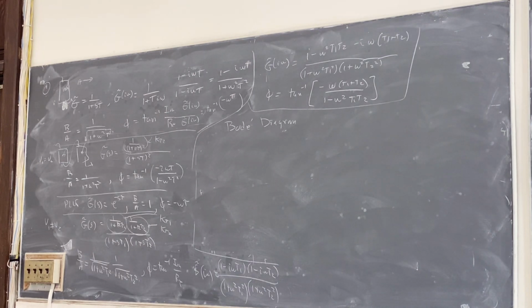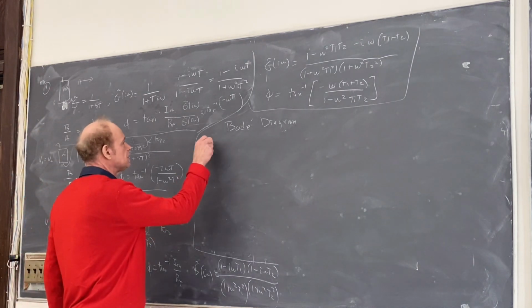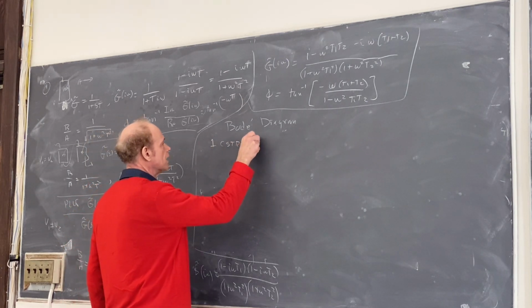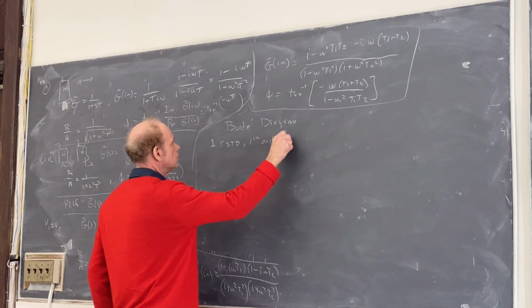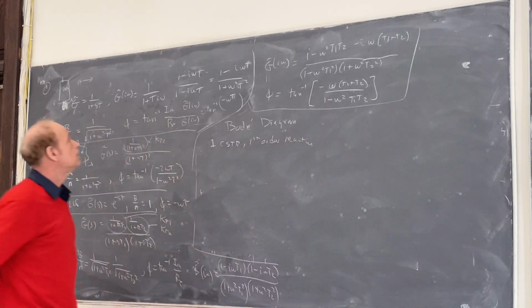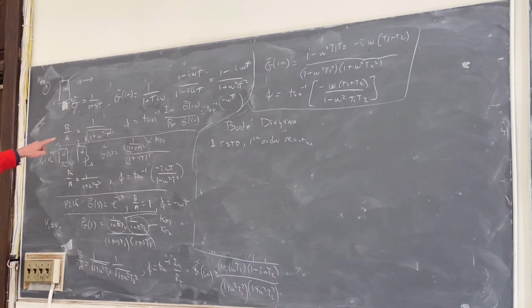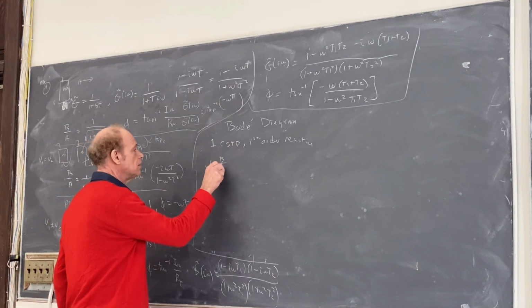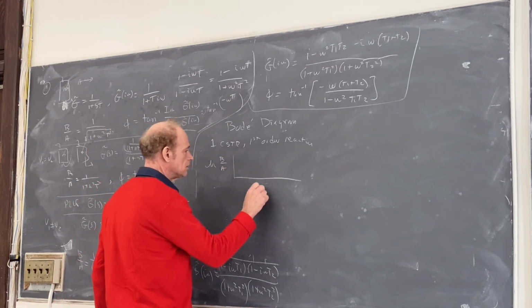So, for example, for one CSTR with the first order reaction, and remember that B over A is equal to this quantity, let's plot the log of B over A versus the log of omega.